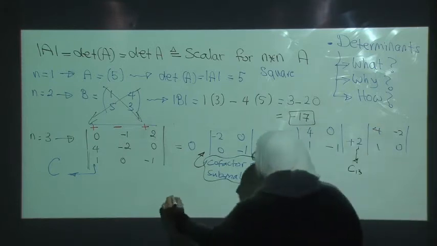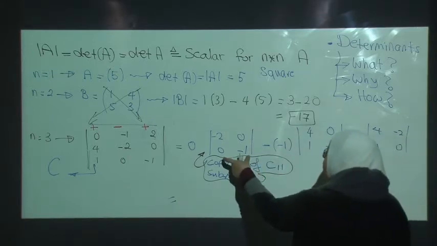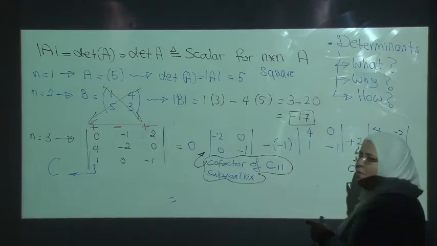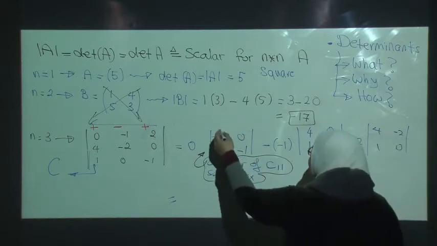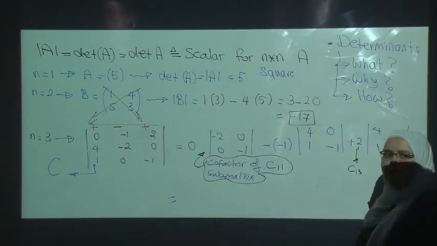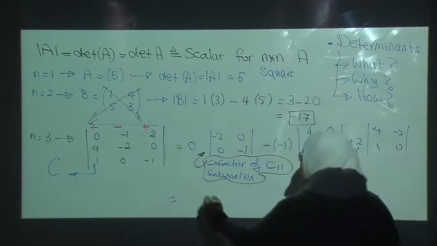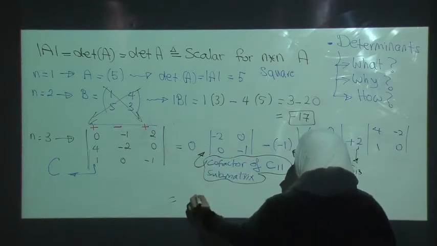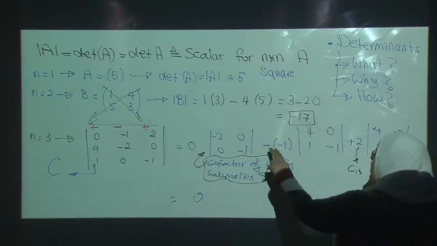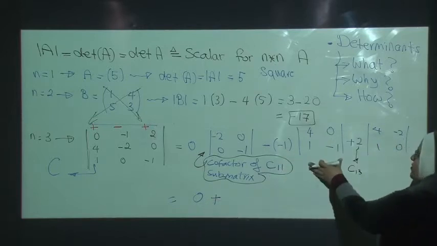Then let's compute this value. The determinant of a 2 by 2 matrix, like we did before, is the product of the main diagonal elements minus the product of the off-diagonal elements. So we have here 0 times whatever, of course it's 0, minus -1, we can say it's positive. What's the determinant of that matrix?